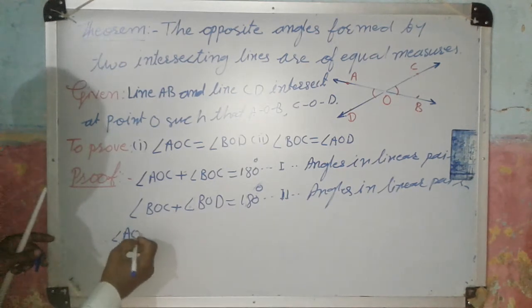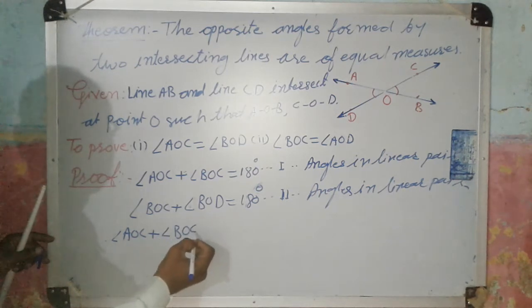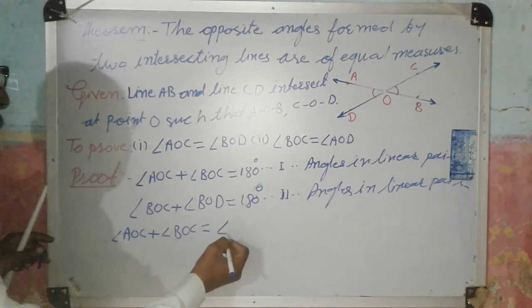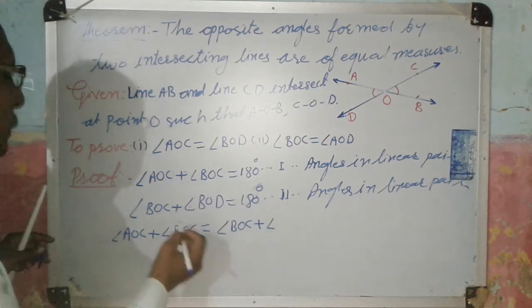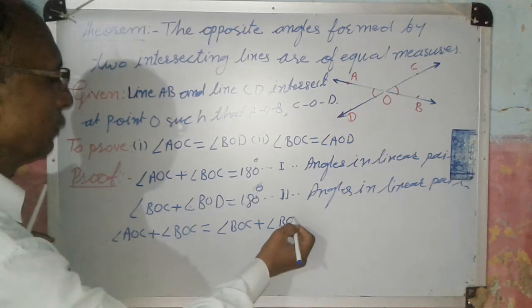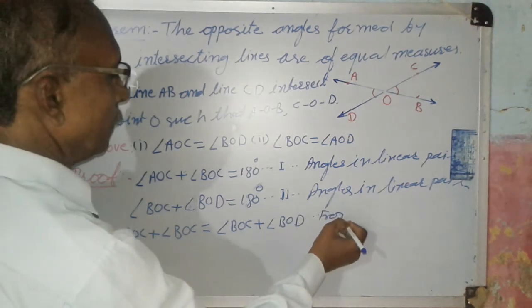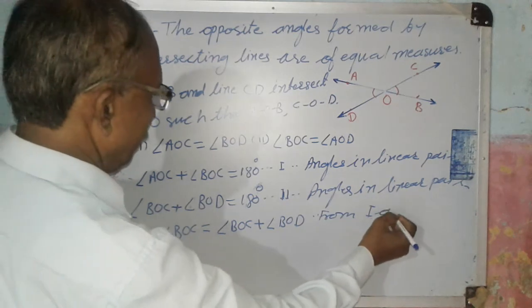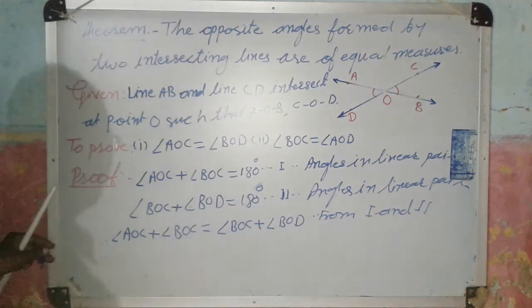Therefore, angle AOC plus angle BOC is equal to angle BOC plus angle BOD, from statements first and second.